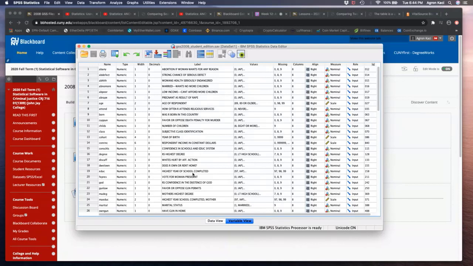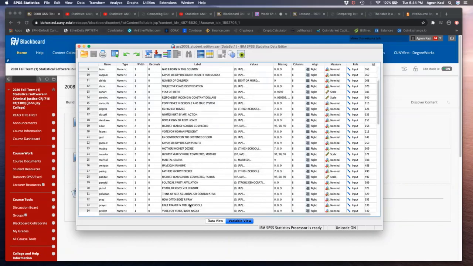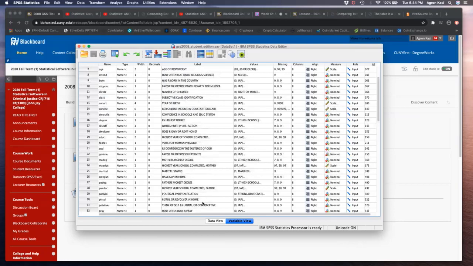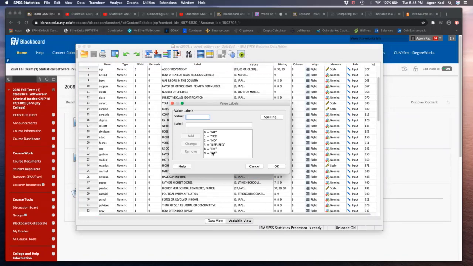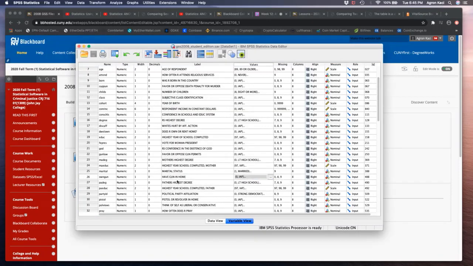So I want you to do a t-test that measures if there's any significant difference in the age between those who own a gun and those who don't own a gun.